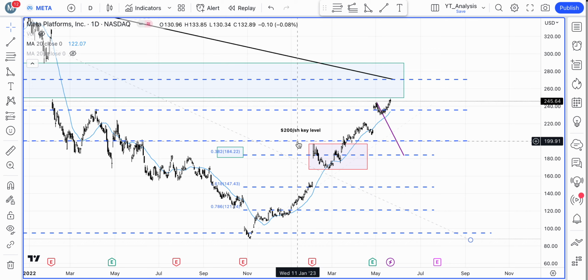Once the stock broke above that, that was an indication to us per our analysis that the stock's fundamentals had improved, and that was pretty good news for the Meta shareholders and those looking to take a position in Meta.